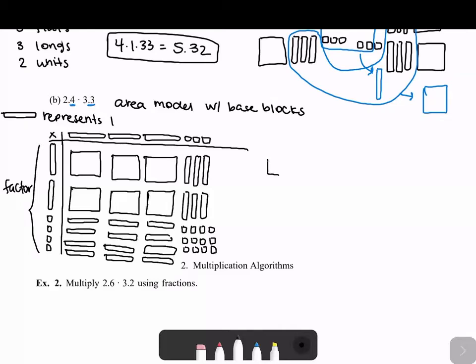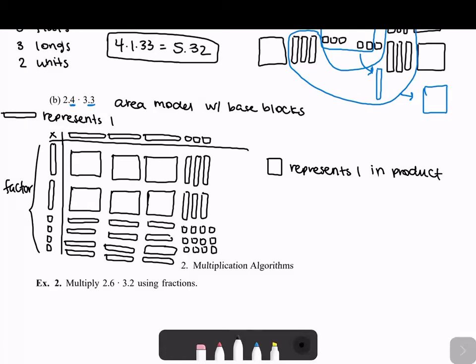So that means that our flat represents 1 in the product. Because if in our factors we have a long represent 1, that means that a flat times a flat, 1 times 1, I'm sorry, I misspoke. Let me say this again. So in our factors, we have a long represent 1, but we know that a long times a long is a flat and 1 times 1 is 1. So that means that a flat has to represent 1 in the product.